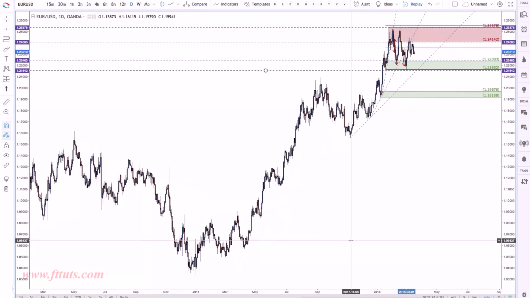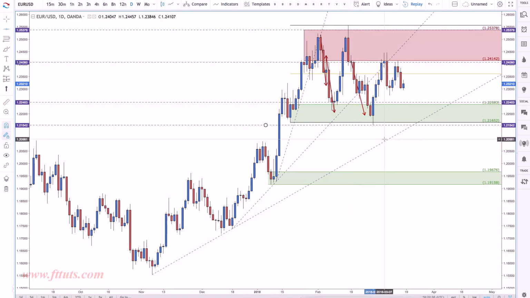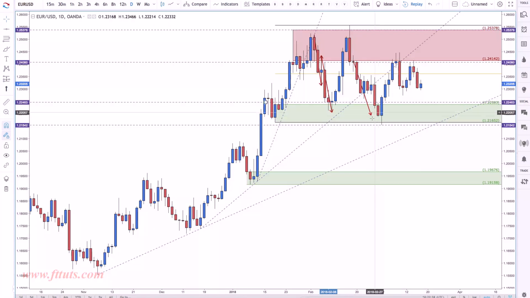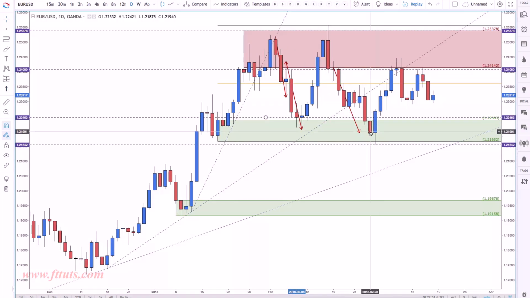So it's a level of interest, right? It is a level of interest, even though it was quite far into the past, but it had been used before. And so you've got fresh demand coming in from potential long-term support and resistance traders. So the kind of order flow equation when it comes to who's taking profit and who's buying around these levels, you got to think to yourself, who is actually selling, who's going to be selling into this area, right?